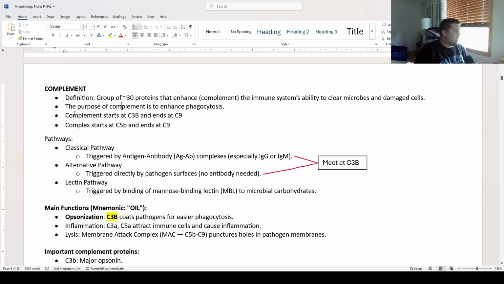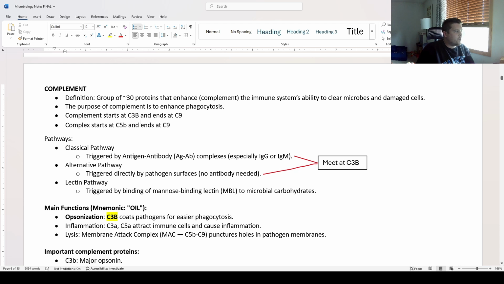I'm not going to go too deep into all of this because there is like a whole cascade pathway that we could go through, but it's just not really worth the memorization component of it in order for boards, for how many questions they typically ask about it.